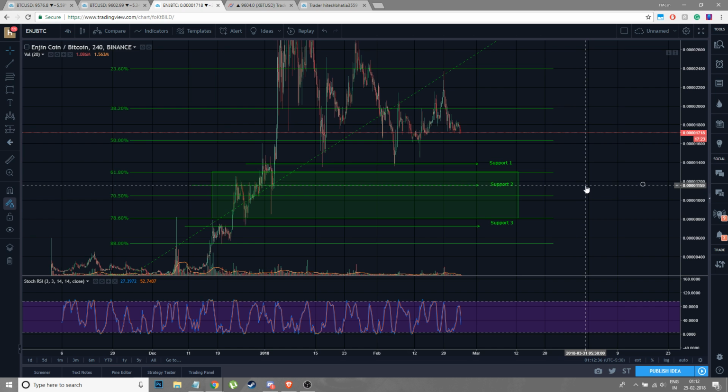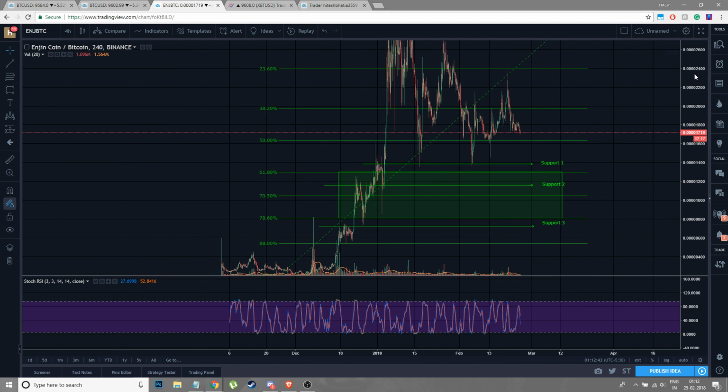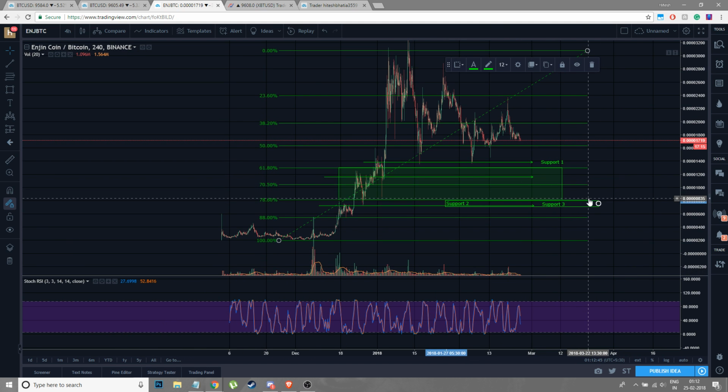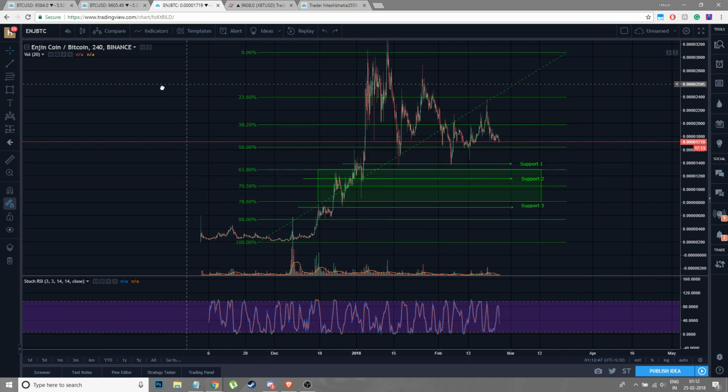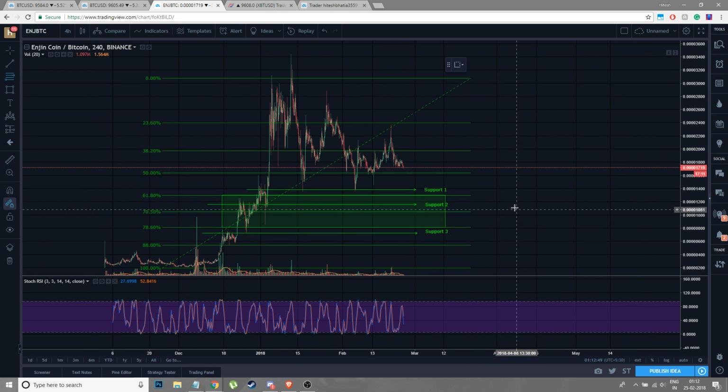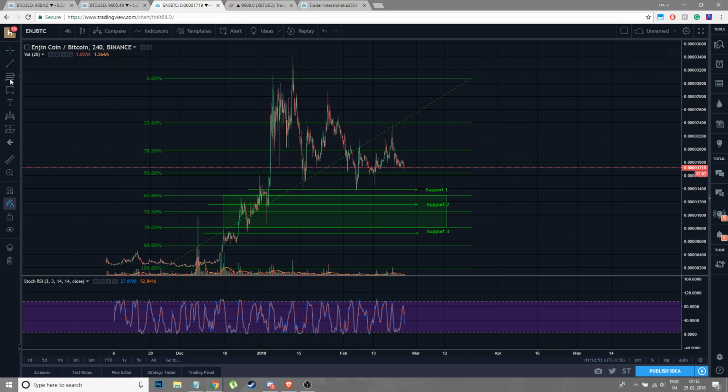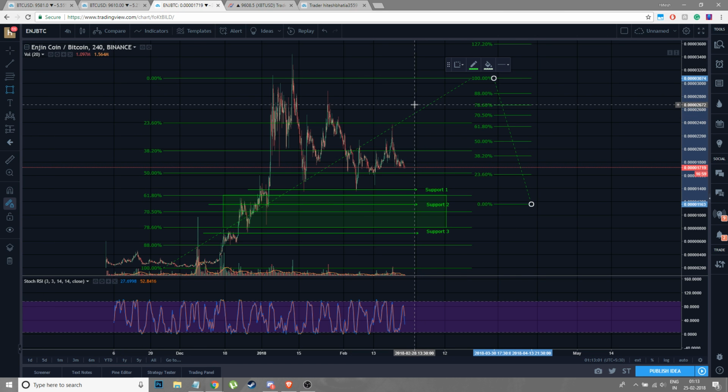So support 2 is the expected bounce to the upside, right? Okay, so let's assume for 1 minute that it does bounce at support 2. What should your target be? Okay, so your initial target should be this area.